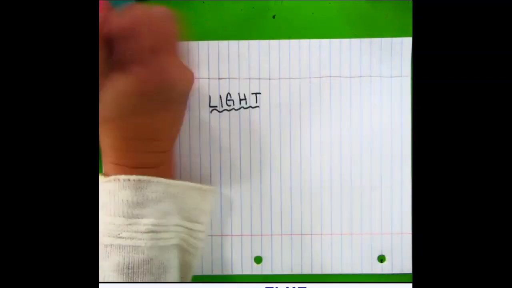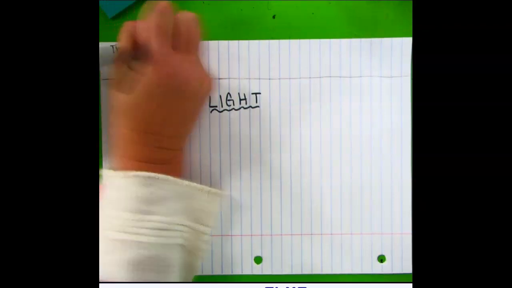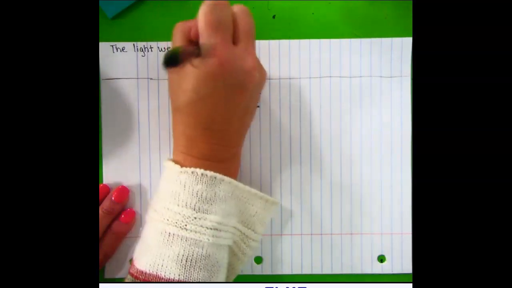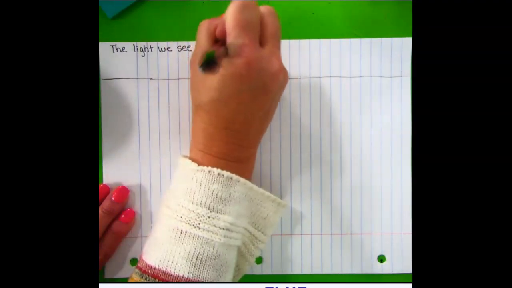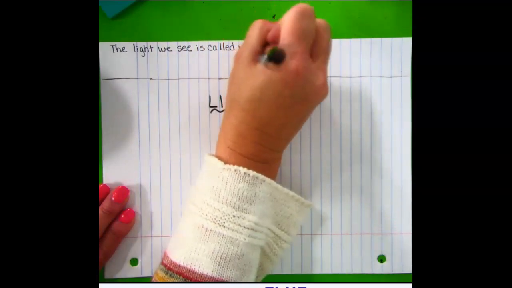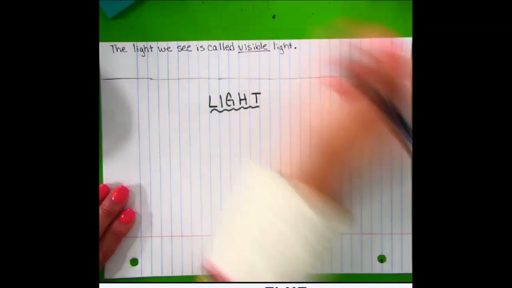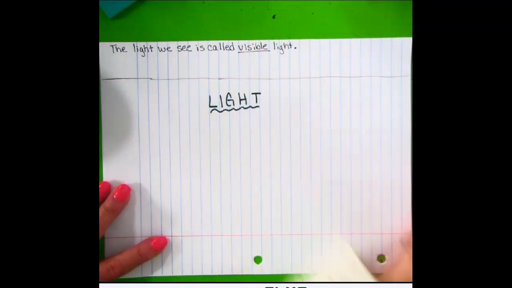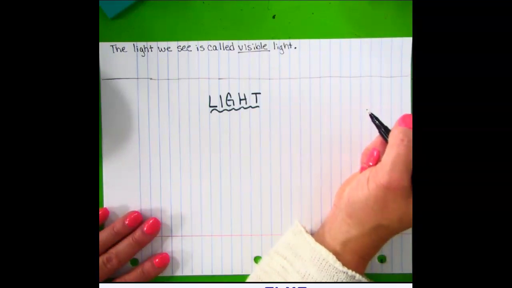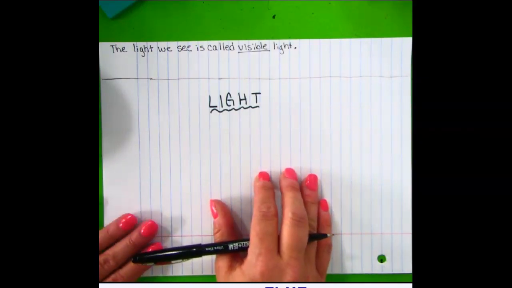So I'm writing: the light we see is called visible light. Do I need to zoom in on that?